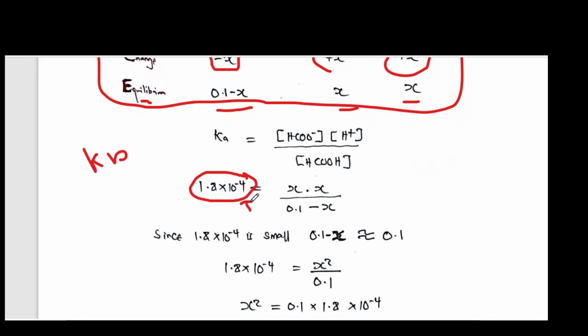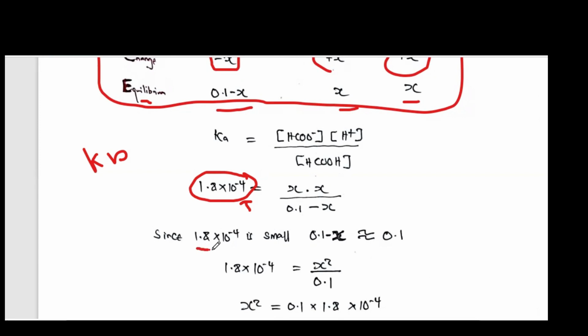Immediately you notice that this value is a very small number, because 1.8 times 10 to the power minus 4 is very small, right? If the Ka or the Kb is very small, you conclude that if you have a number being added to x or subtracted from x, the change will have no effect.